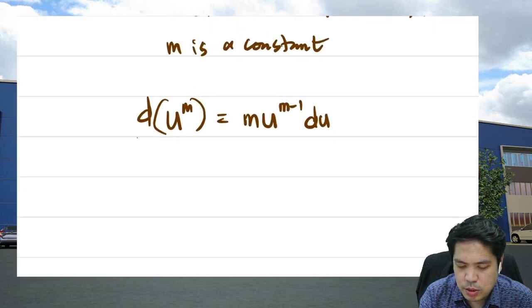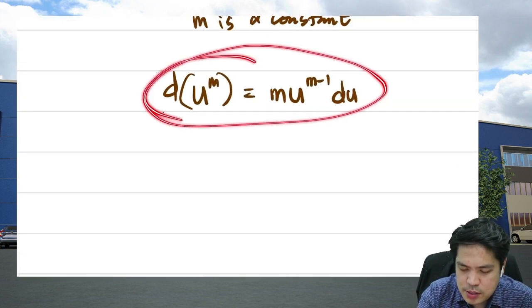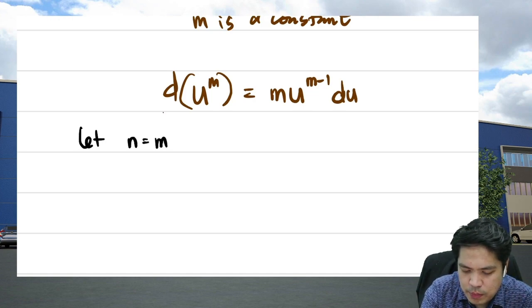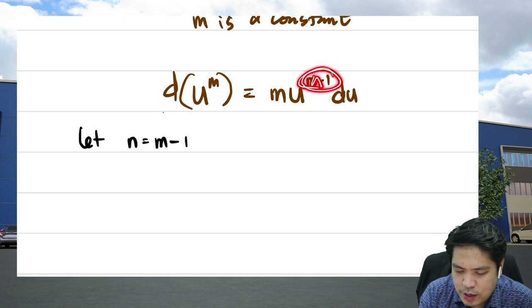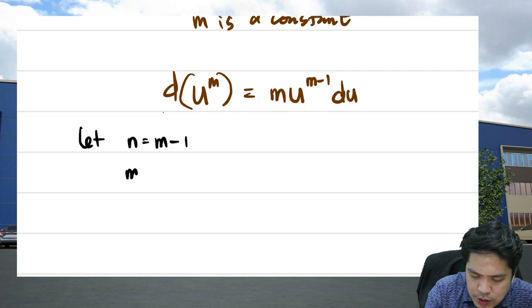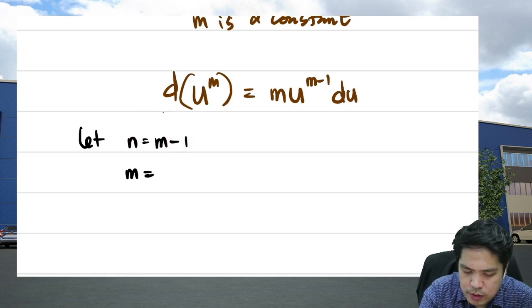Let's go back to this. So, u raised to n is the integral. If we start with this, we introduce n as equal to m minus 1. We'll just replace this with n. So what would be the value of m? It follows that m is equal to, let's transpose this to the other side, n plus 1.